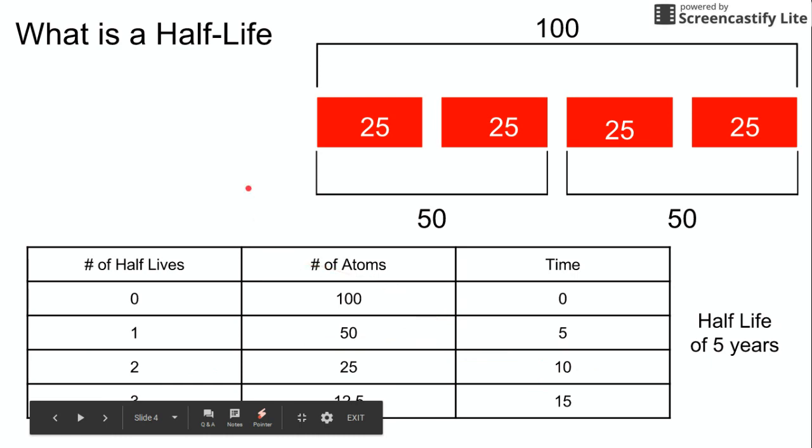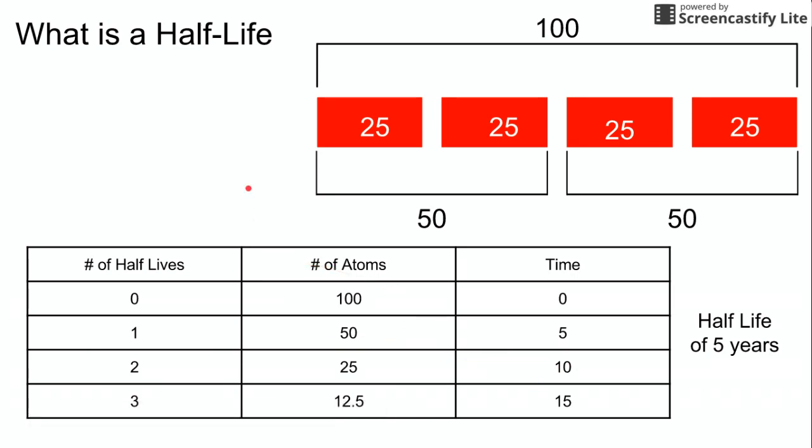Now 25 divided by 2 is 12.5. That's our third half-life, so 3 times 5 is 15. And that's how long it's been right now.